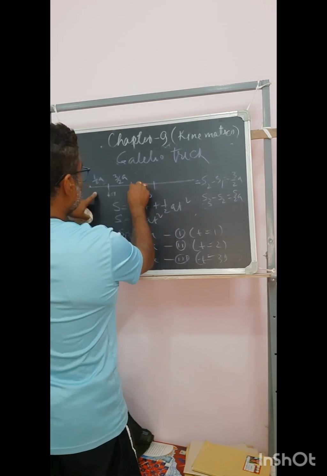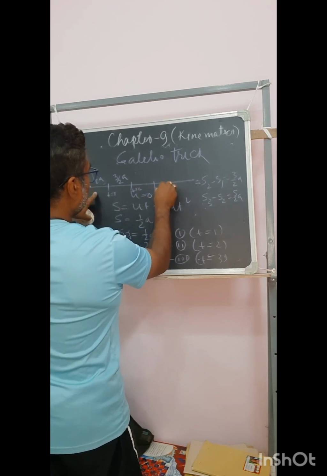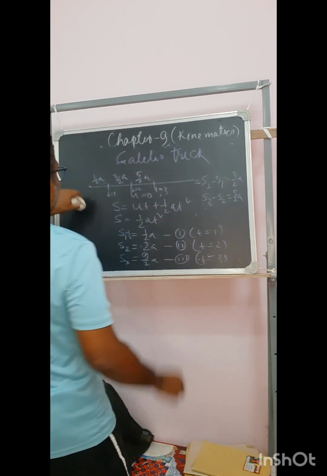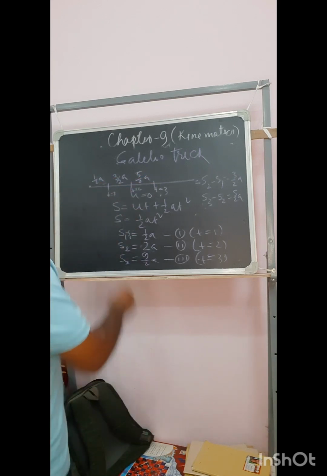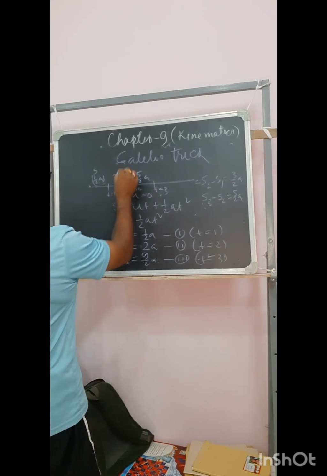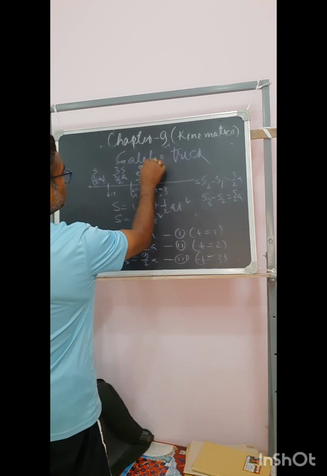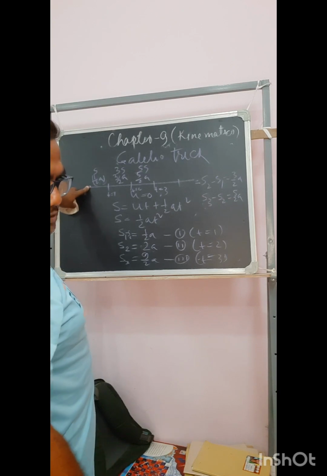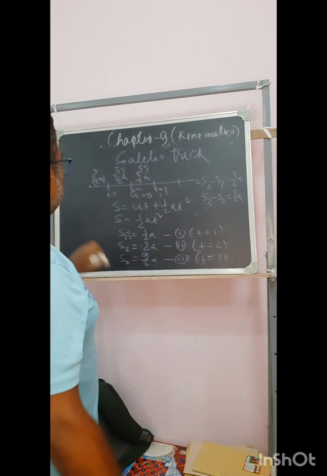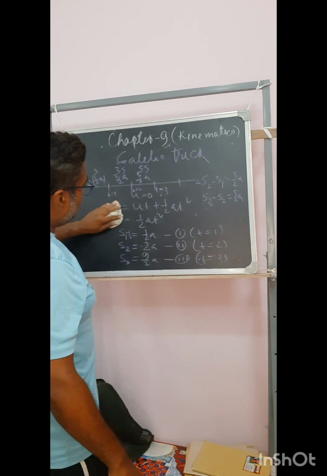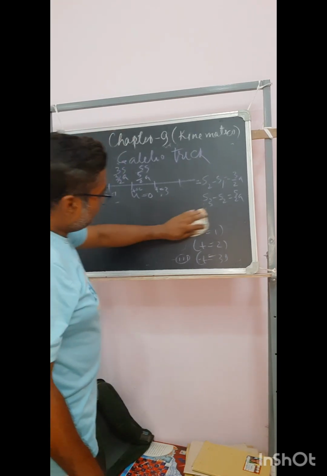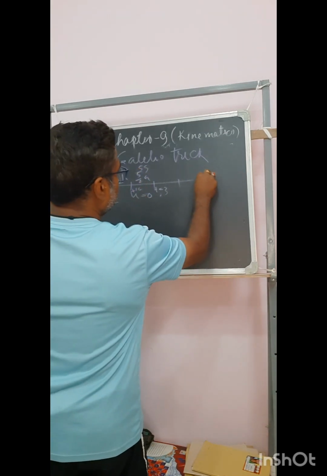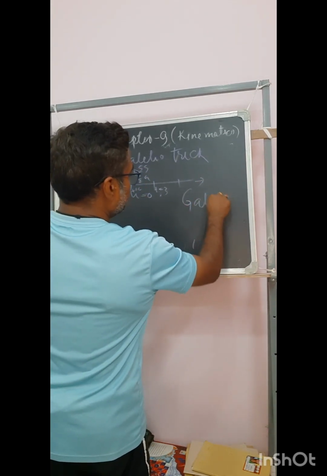In the next span, from t = 2 to t = 3, it is covering 5 by 2 a. So that means odd multiples. If this is s, then it will be 3s, then 5s, and like that. So basically when the initial velocity is 0, the distances traversed will be odd multiples of the distance covered in the first second.